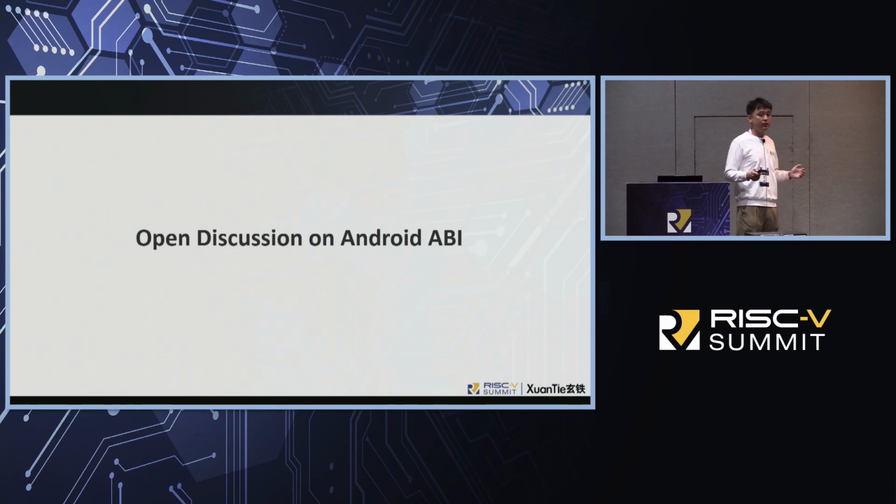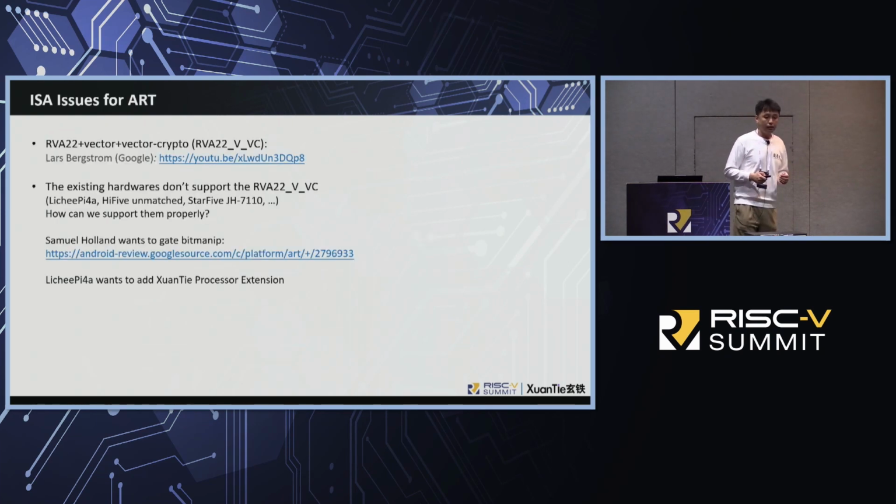And here is some open discussion on the Android ABI. Firstly, Google has announced the Android ABI with RVA22 with vector crypto, but the problem is there is no hardware that supports it now. Our next-generation processors all support this, but the current hardware, including other vendors', cannot.